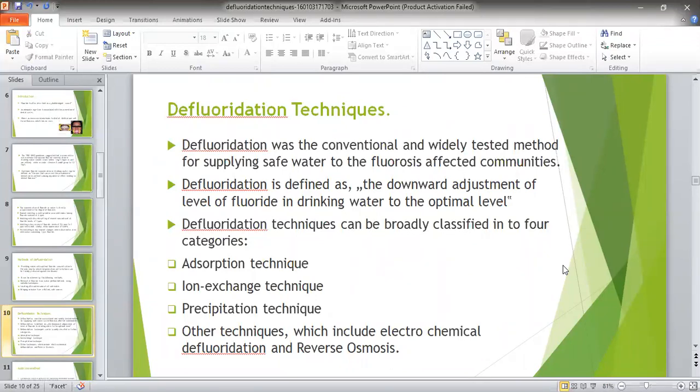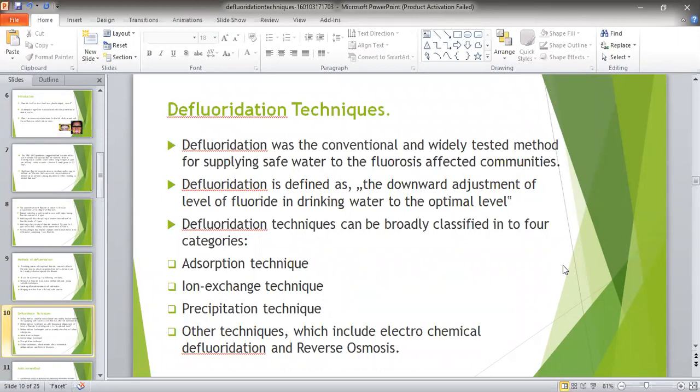As I told you, we remove the excessive level so that the fluoride content in water is brought to optimum level. Defluoridation techniques can be broadly classified into 4 categories: absorption technique, ion exchange technique, precipitation technique, or other techniques which include electrochemical defluoridation or reverse osmosis.